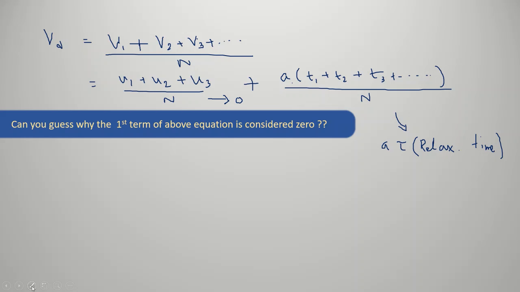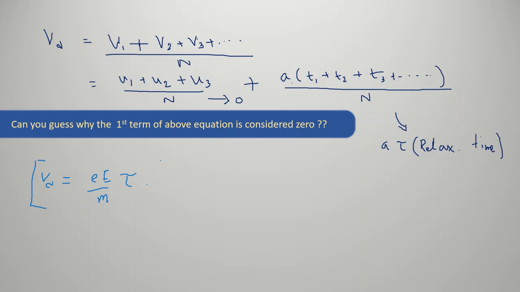So now let's change the color of the pen and try to obtain VD final. So VD equals, replacing a with e into capital E divided by m, and multiplying tau. So this is the expression of the drift velocity.